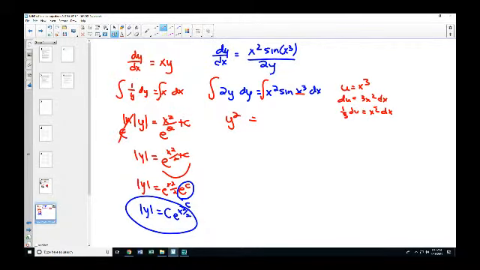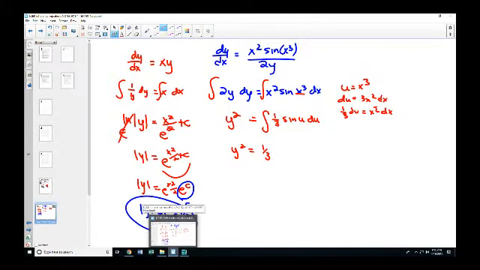So we end up with 1/3 sine of u, right? And what's the antiderivative of sine? Negative cosine.